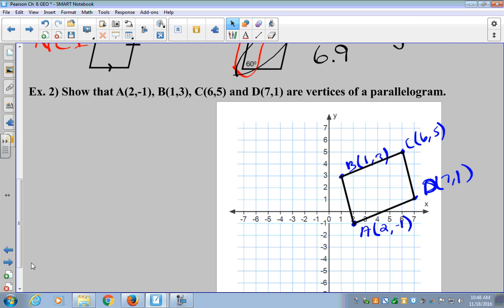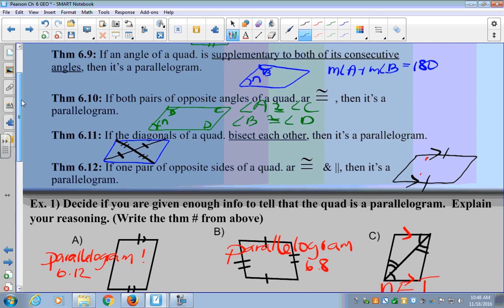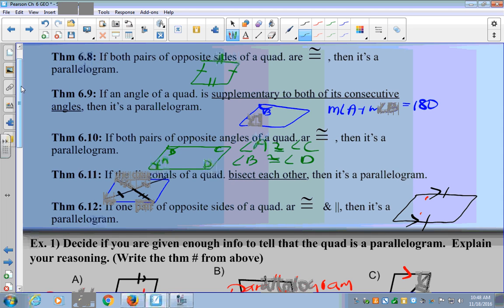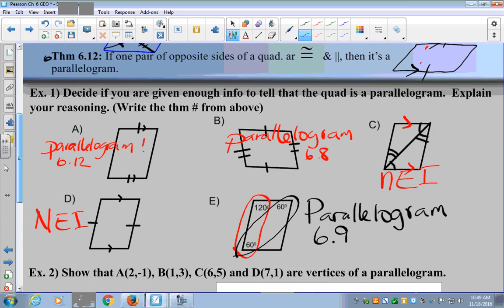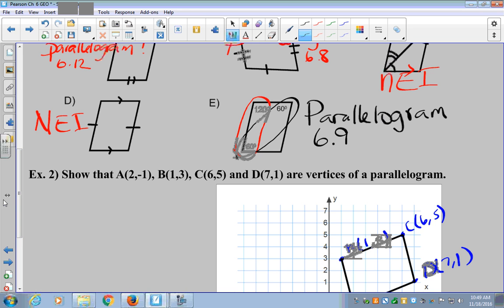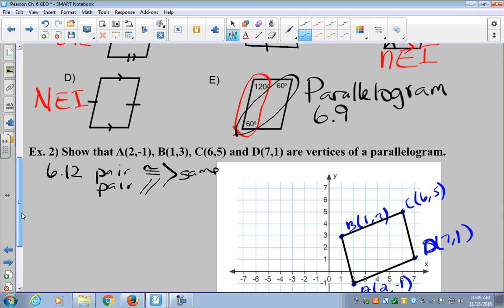So we are going to try to follow theorem 6.12, where one pair of opposite sides are congruent. So 6.12, we need a pair of congruent sides, and then we need a pair of parallel sides. And it needs to be the same one. So don't switch sides on me. Okay.